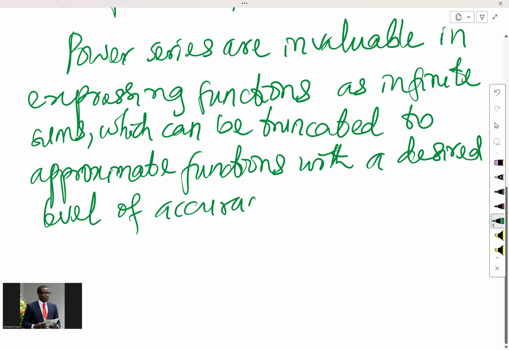So if you want to approximate a transcendental function like the ones I've mentioned, you just need a power series for it. Since it is an infinite sum, the level of accuracy you desire will determine how far you go. So if you go 4 steps, the accuracy you get will not be as high as when you go 10 steps, for instance. So that's the idea of power series.